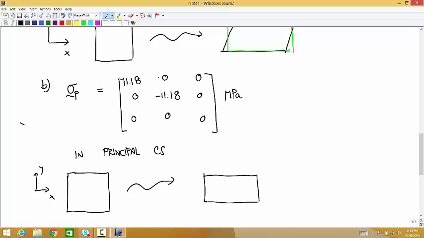But there's still a Poisson's effect. I think I said just do it in the XY plane, so you didn't have to draw the Z deformation anyways. But any other questions about that one?